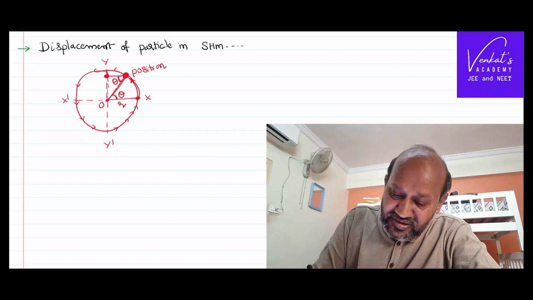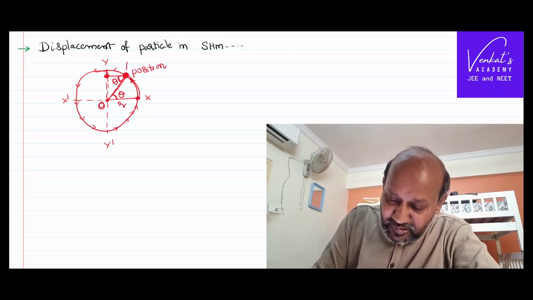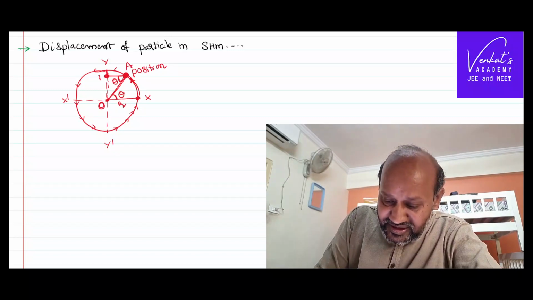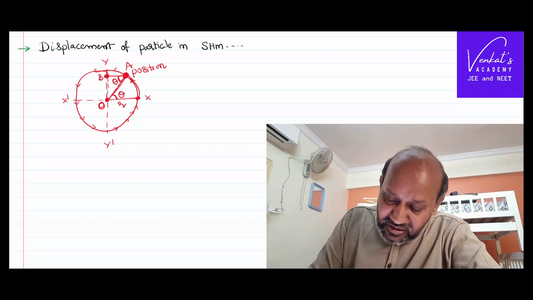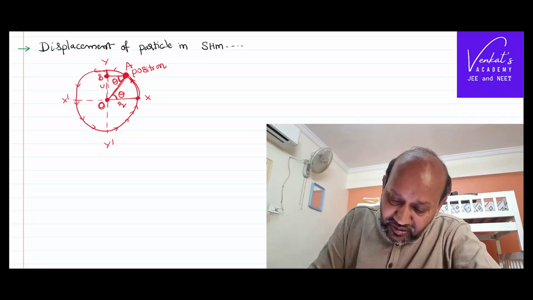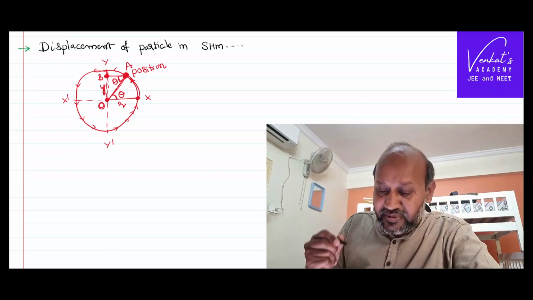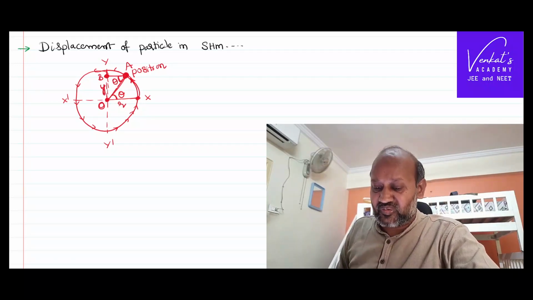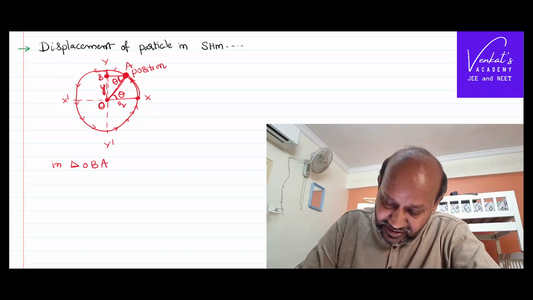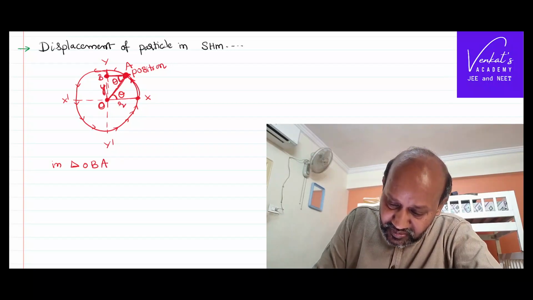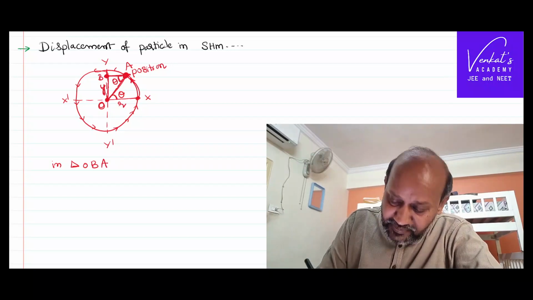So I will name the origin as O, this point as A, and this point as B. The vertical projection from the origin on the y-axis is at a certain distance. Let me call the distance y. So we can see there's a right angle triangle OBA.